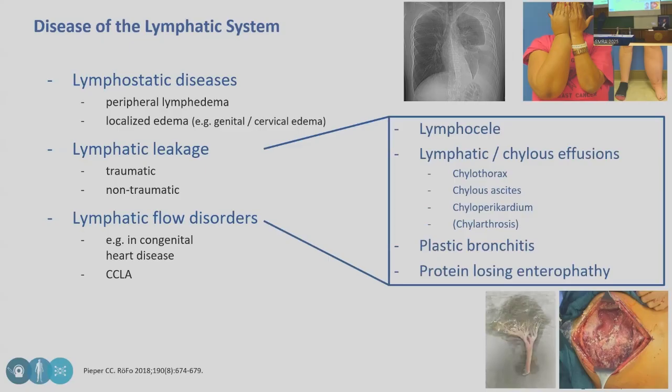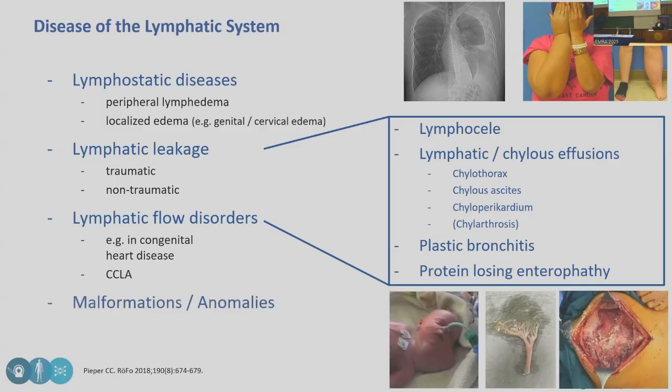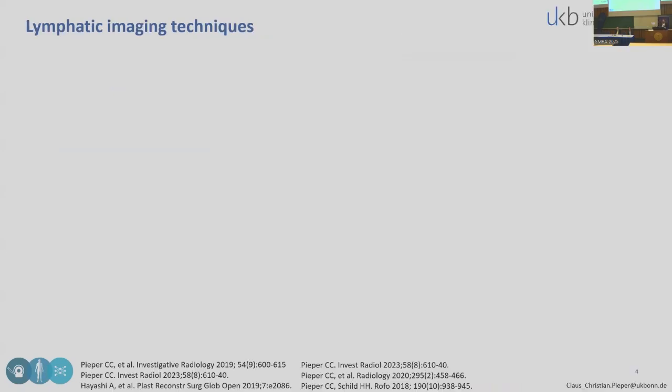And these all can lead to regional or generalized discharge of lymph. For example, it can cause a chylothorax or plastic bronchitis or protein-losing enteropathy. And then, of course, there's a very large group of lymphatic malformations and anomalies.